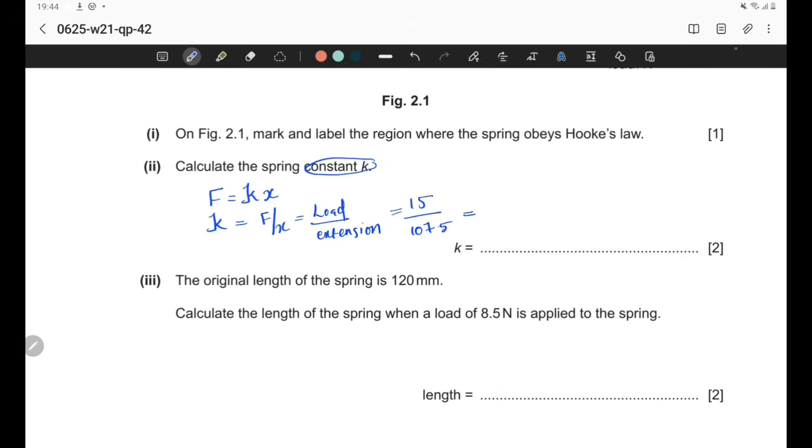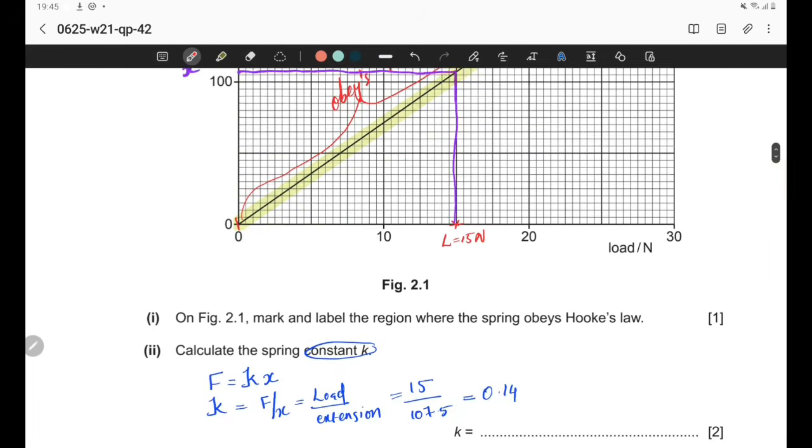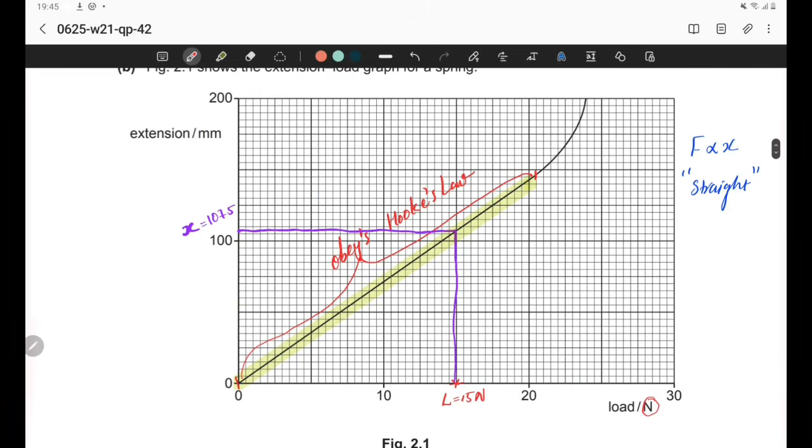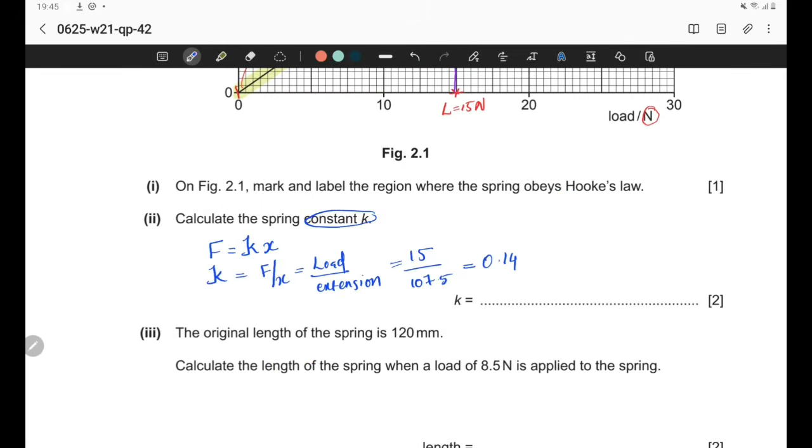So by substituting this in the equation, we get 0.14 in two significant figures, and we need to look at the units. The load is given in Newton but the extension is given in millimeter. So the unit will be Newton over millimeter. Therefore we can write the spring constant of this given spring is 0.14 Newton over millimeter.